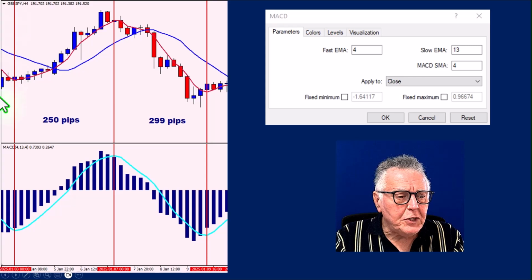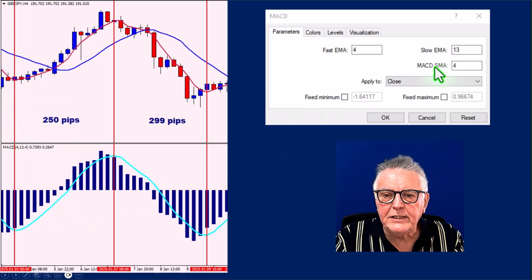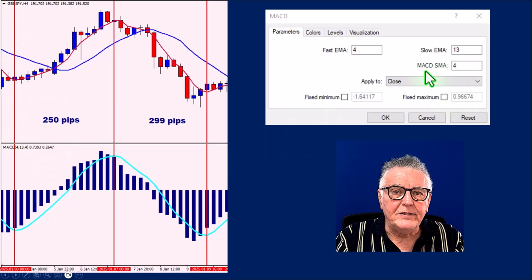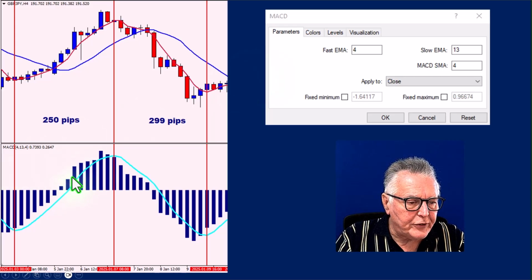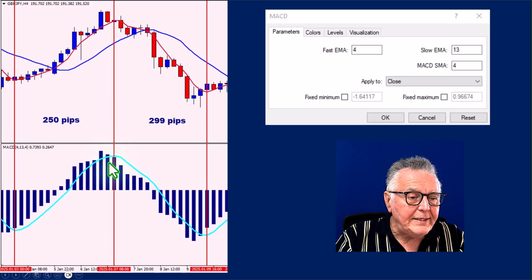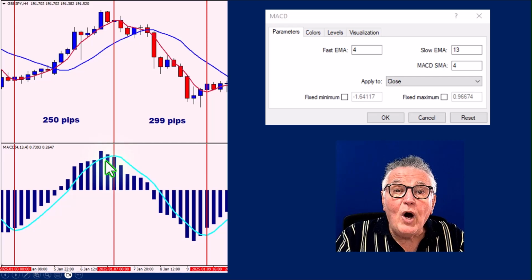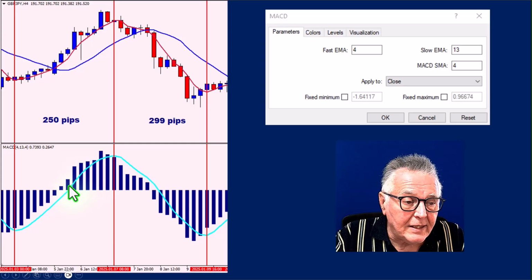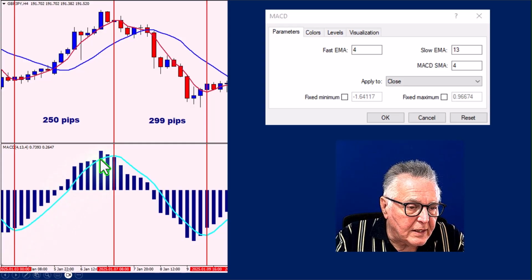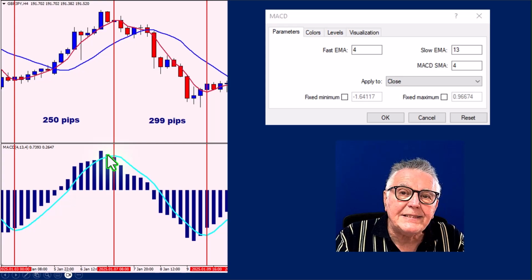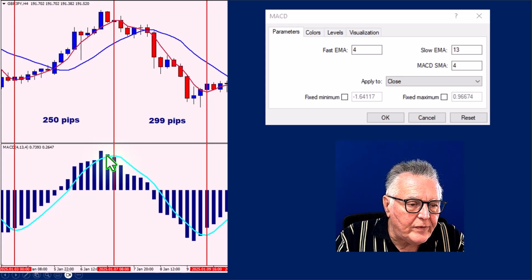Fantastic EA. So what is this blue line? This blue line is basically the signal line. So what a lot of traders do is they don't look at these actual bars. They say when the bars cross over the signal line. So let's have a look. The signal line comes over. You can see over there it hasn't entered yet. It only enters when the bars cross over the signal line.